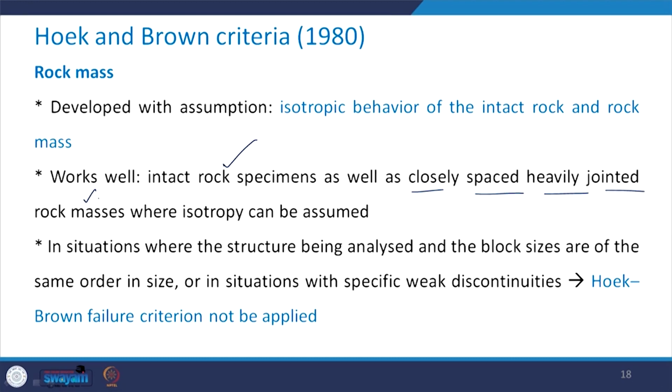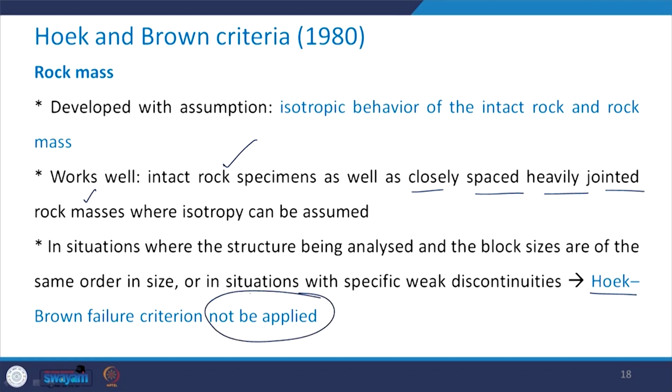But where you have situations in which the structure that you want to analyze and the block sizes in the rock mass are of the same order in size, or if you have situations with weak discontinuities, then in that case this criterion should not be applied.